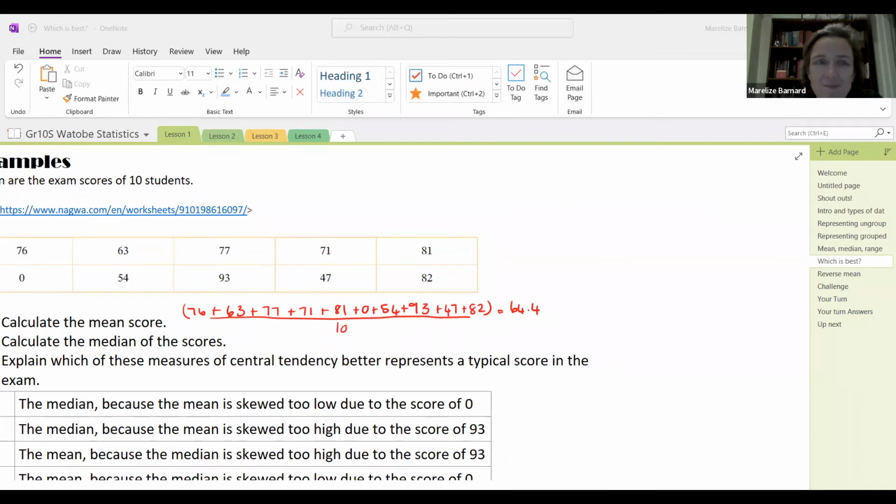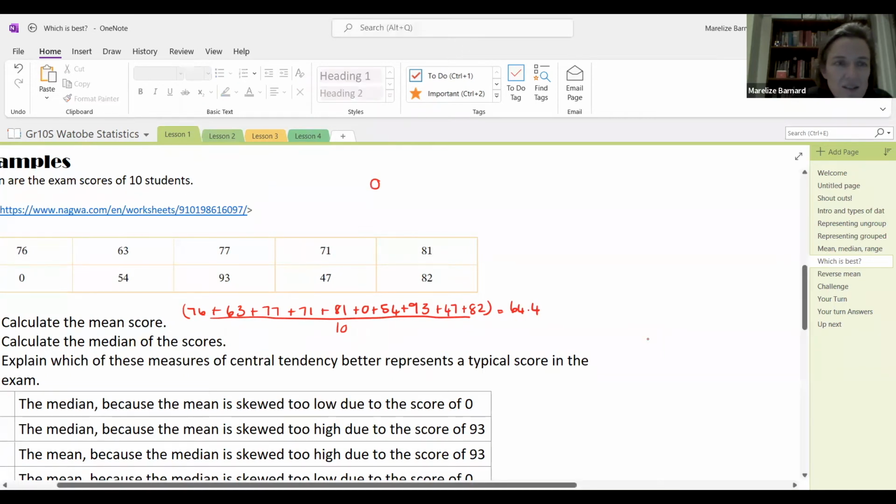Okay, so let's do the median. Tandalwetu, I think you have to go back and check your median. I don't think that is right. So just rearrange your data from smallest to biggest. So we start with the 0. And what comes next is the 47.